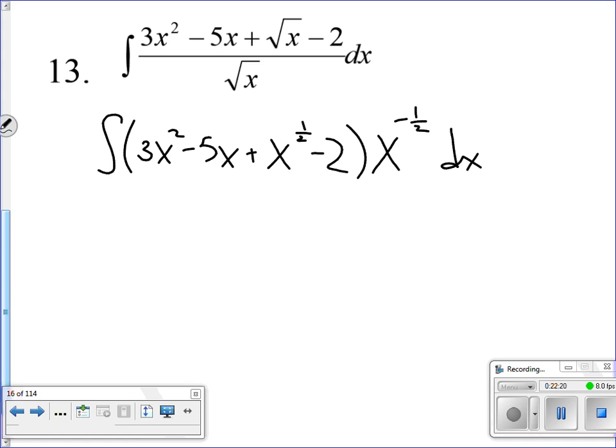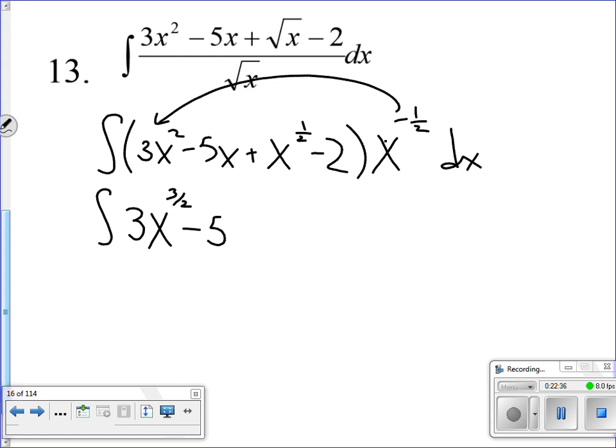When you multiply with the same base, you add exponents. So when I distribute, the first term is 3x to the, when you add 2 and negative a half, you get 3/2. So 3x to the 3/2. Minus 5, if you add the 1 and the negative a half, you get positive 1/2. So 5x to the positive a half.